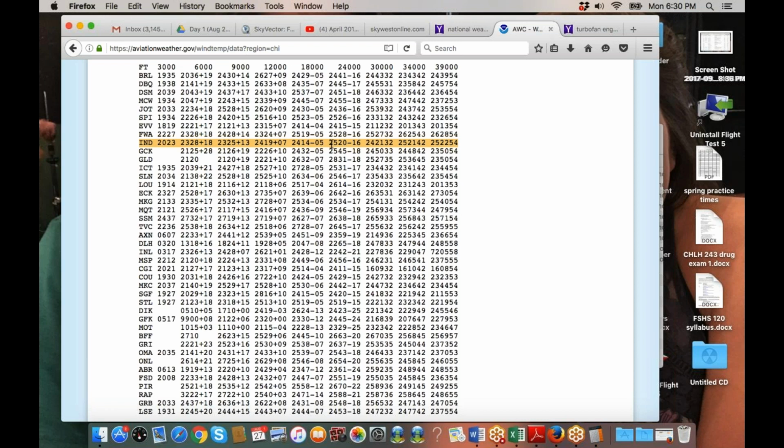So 20 knots. Our headwind's actually not much. Just say it's 20 knots. So we've got a 20 knot headwind.